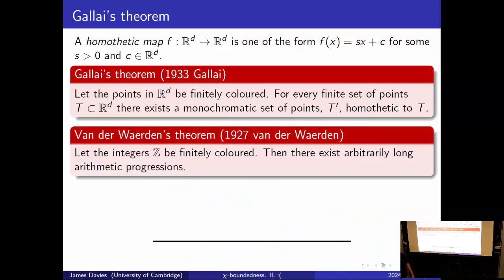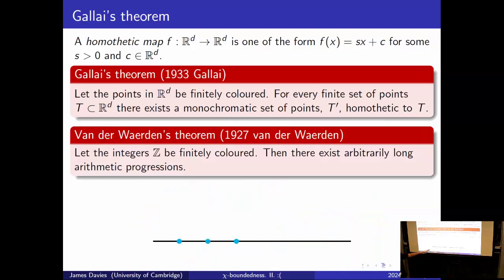Okay. And to relate this to a maybe more well-known classical theorem, this is essentially a generalization of van der Waerden's theorem. This theorem tells you that if you have a finite coloring of the integers, you can find arbitrarily long arithmetic progressions. There's a difference between the real line and the integers, but it's not so meaningful.